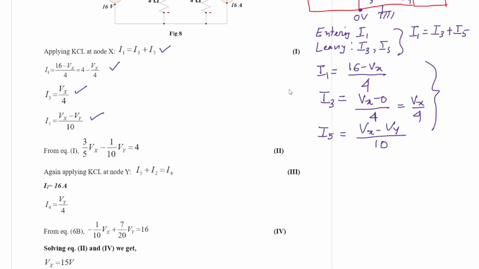If you solve them from equation 1, we should get the equation 3 by 5 Vx minus 1 by 10 Vy equal to 4.